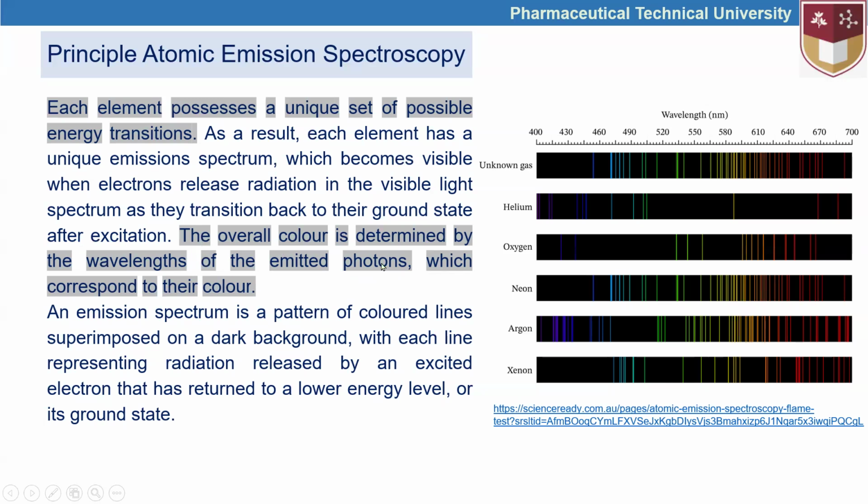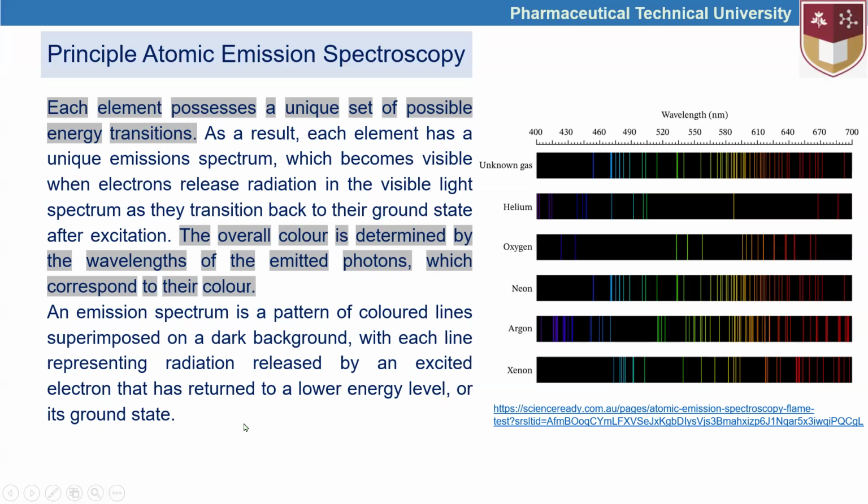The overall color is determined by the wavelength of the emitted photons, which corresponds to their color. An emission spectrum is a pattern of colored lines superimposed on a dark background, with each line representing radiation released by an excited electron that has returned to a lower energy level or its ground state.